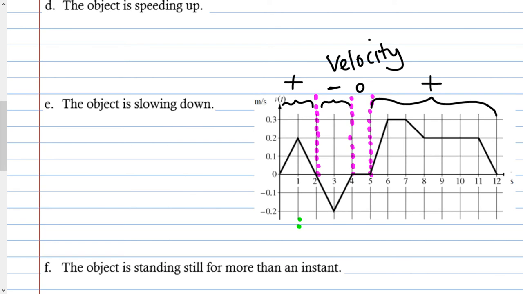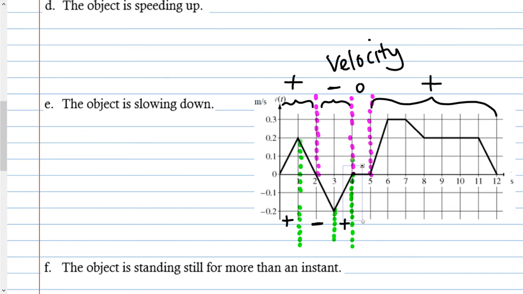So from 0 to 1 is increasing. So therefore, it's positive. Okay, then I see that my slope is decreasing all the way up to right here. So then that makes this negative. And then from 3 to 4, okay, so I need a highlighter again, my slope is positive again.